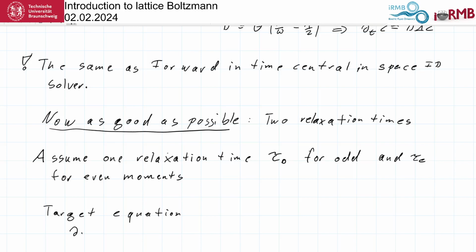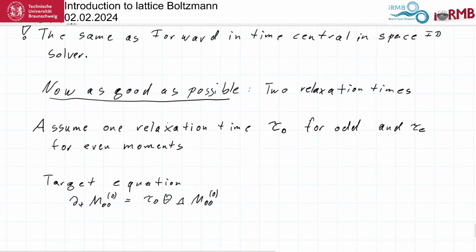So actually, the equation looks like this. We have dt m00 to 0 order is tau odd theta Laplace m00 to 0 order. And the others don't have an effect on this equation. So now we can do whatever we want with the other one, in principle.